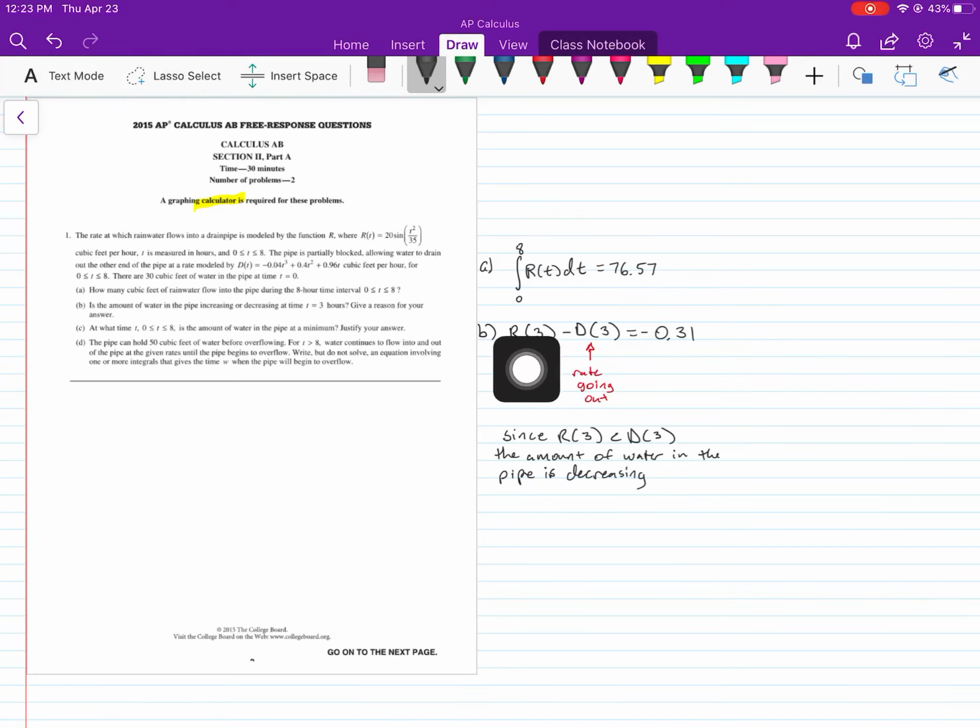Once again, how do we know this? It's because the rate of it coming in minus the rate going out gave us a negative number, which means that r has to be less than d. So since r is less than d, that means that the water in the pipe must be decreasing at t equals 3 hours. And we'll go ahead and do part C and D.